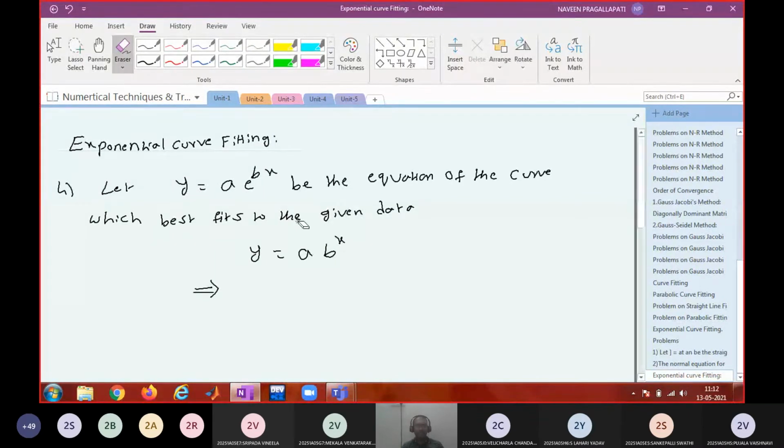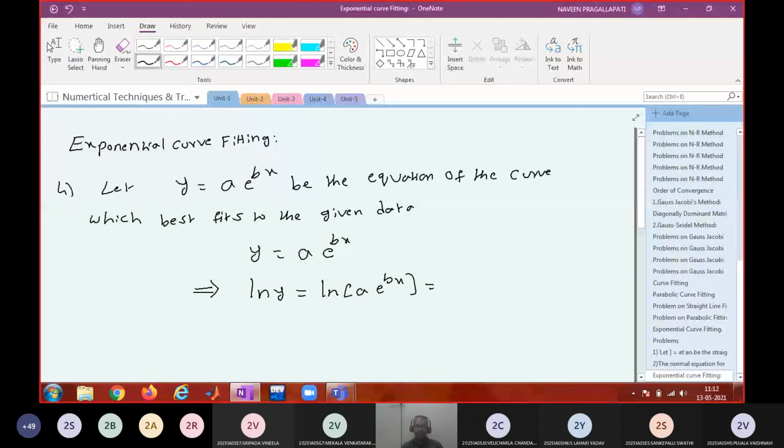a e power bx. Taking log. Correct. If you take logarithm on both sides, always take natural logarithm. Natural logarithm is to the base e. In some of the books, you may see log to the base 10. Don't take log to the base 10. Always by default, you take the base e logarithm only. So this will be log of a e power bx.